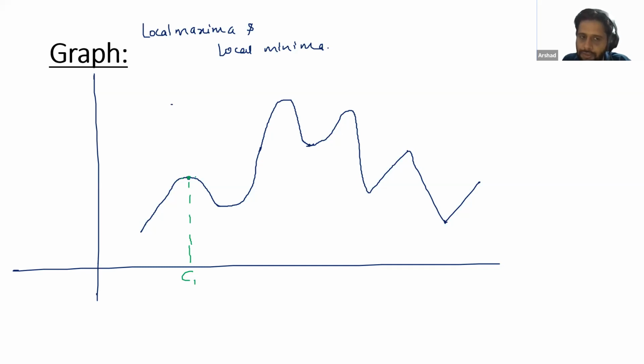If you check the left side and the right side, at this point you have a value which is greater than the neighboring points. So this point is called the point of local maxima.